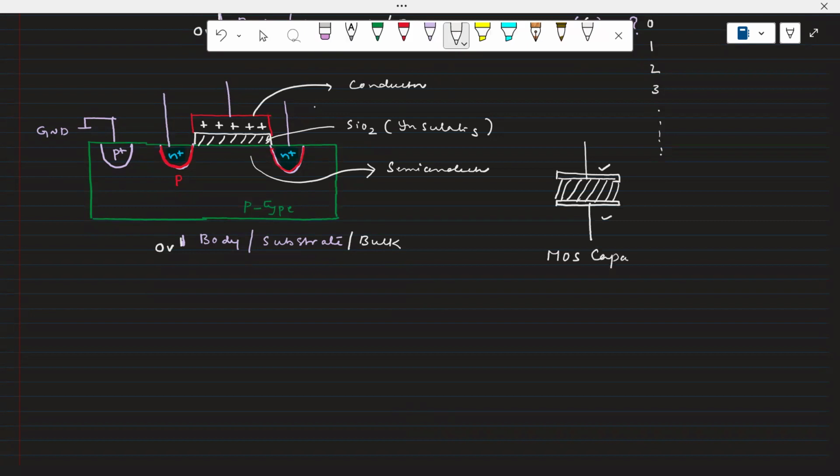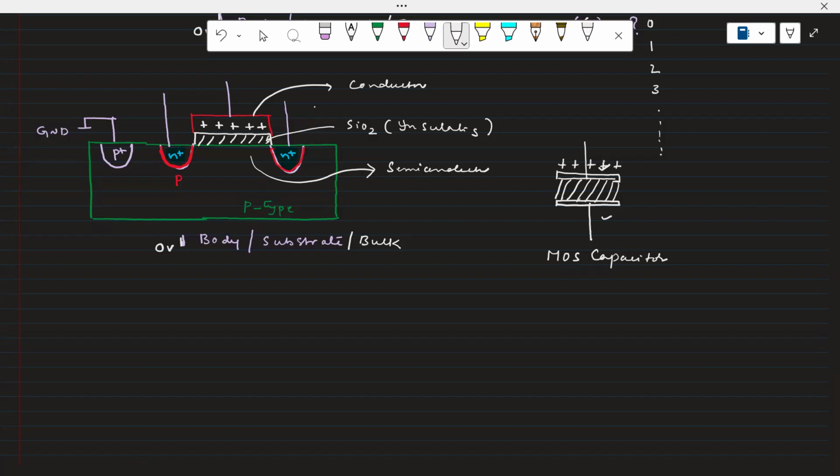Why is it called a MOS capacitor? The top plate is a metal, the middle one is an oxide, the bottom one is a semiconductor. This capacitor is formed with metal, oxide, and semiconductor. That's why it is called a MOS capacitor. So what happens if you put a positive charge on top of the plate?